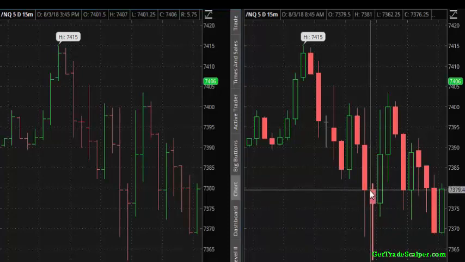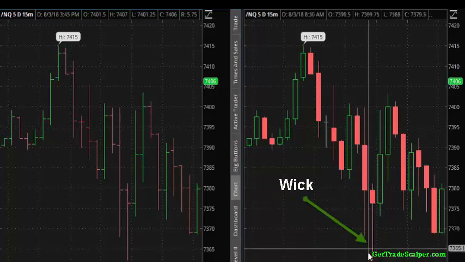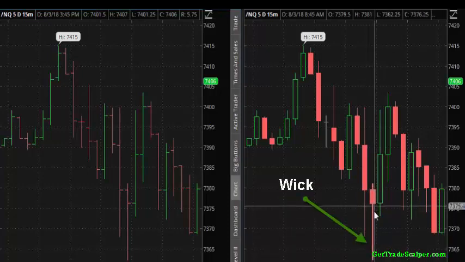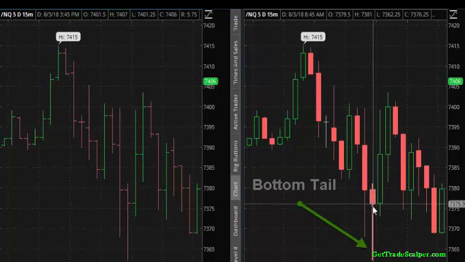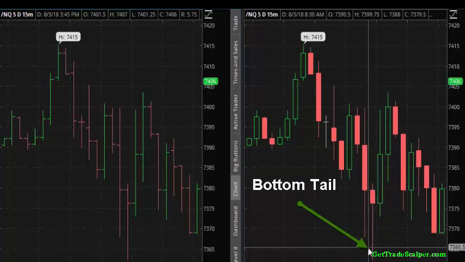So once again, you had the closing price lower than the opening price. But look here what happens. You have this long wick, what in the industry is called a bottom tail. And we'll get into that in future lessons.